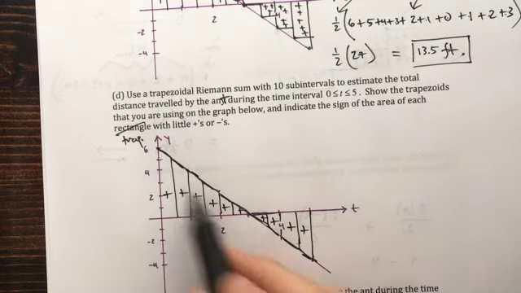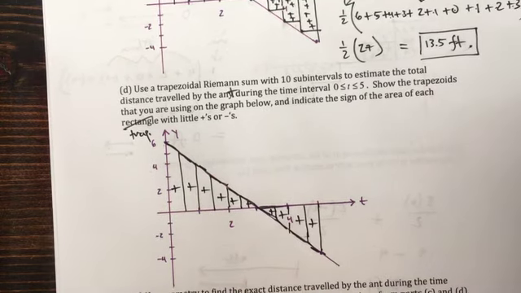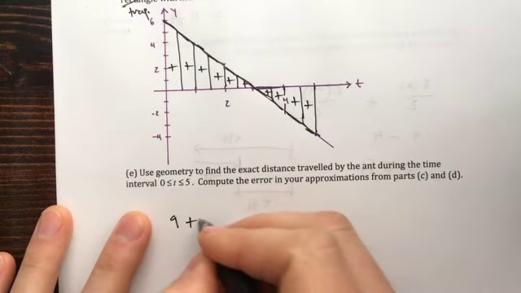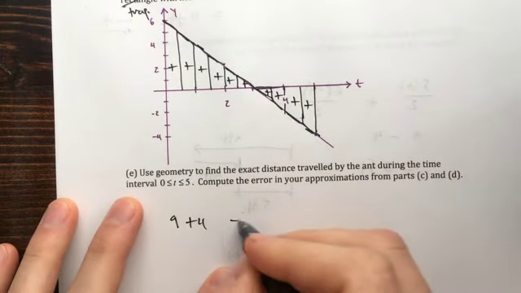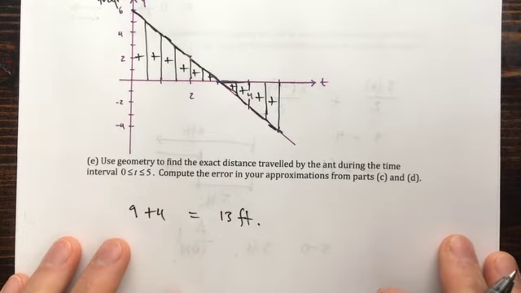And basically, I can just find the area of this giant triangle instead of doing all the trapezoids. And I already did that on the page before. And I got 9 and -4, but this time I'm going to get a 9 and +4 because I want it all to be positive, and that should give me 13 feet as her total distance.